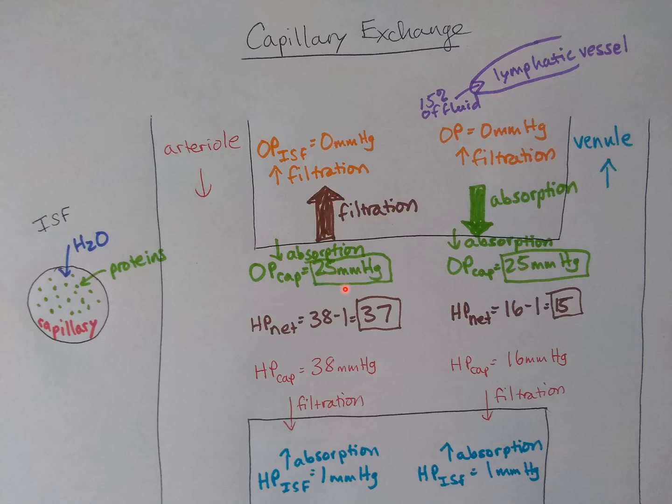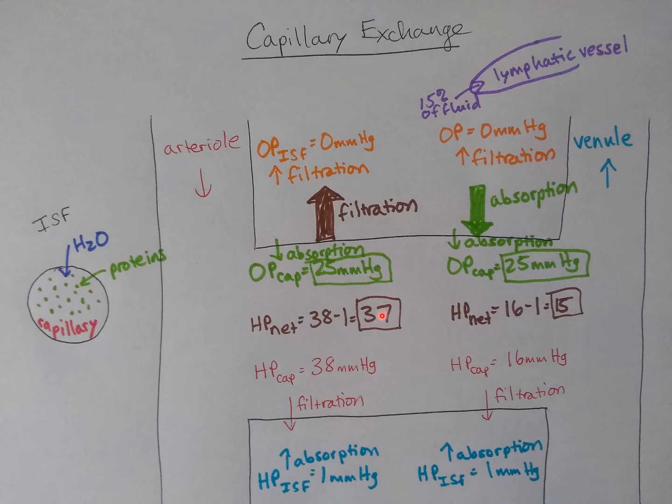So our net osmotic pressure is just the osmotic pressure of the blood, which is 25. Okay, so now we need to compare the pressure from the fluids, the hydrostatic pressure, which is mostly due to the blood pressure, to the osmotic pressure, the pressure from the proteins in the blood.